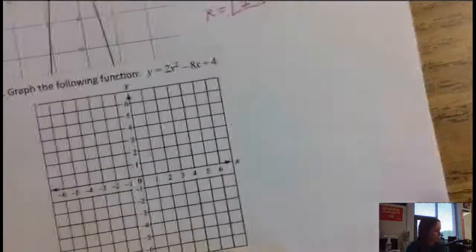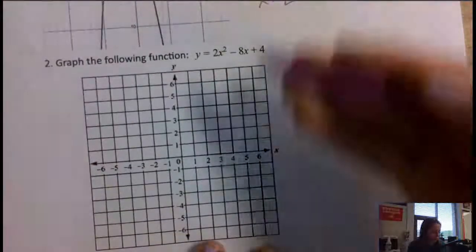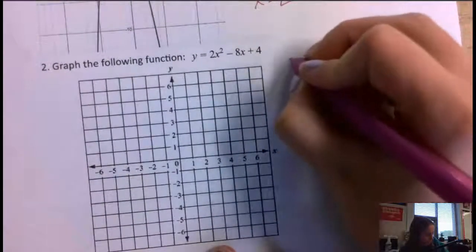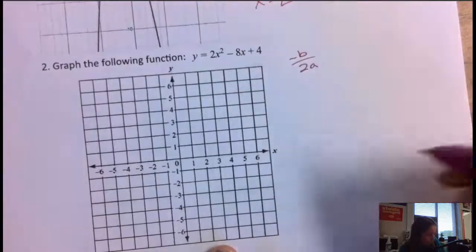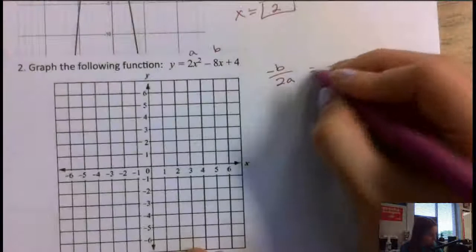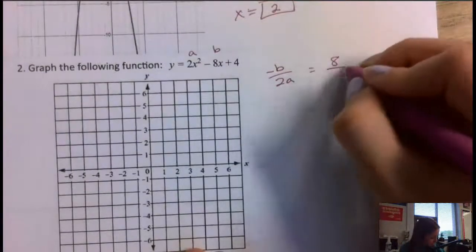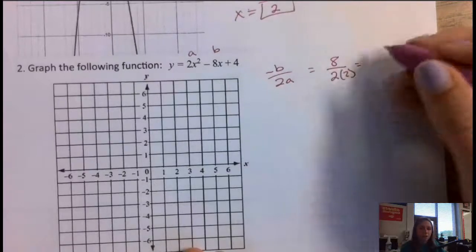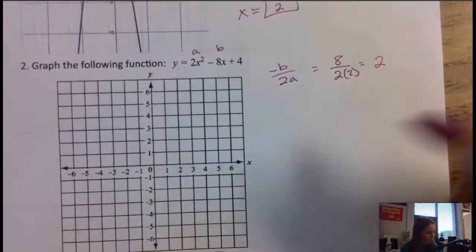Okay, so first thing we're going to do is find our vertex. So what we're going to do is opposite of b over 2a, a and b. So we would have opposite of b would be a +8 over 2 times 2. 8 divided by 4 is 2, so our x value is 2.